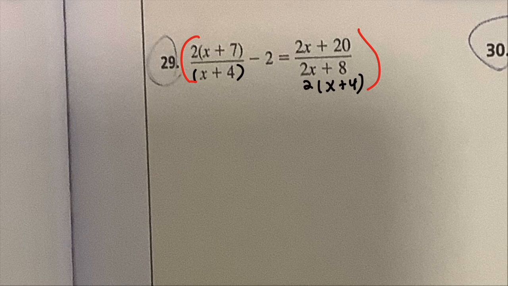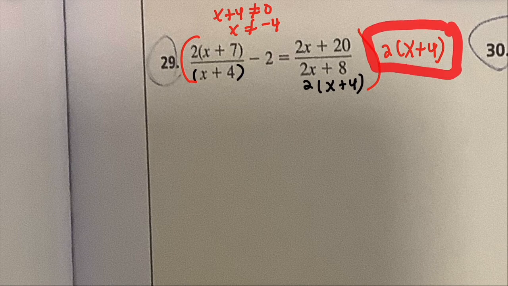The denominators I see contain 2's and x plus 4's. So I'm going to multiply through by 2 and x plus 4, keeping in mind that x plus 4 is not allowed to equal 0. So if I get an answer of -4, bam, throw that out.